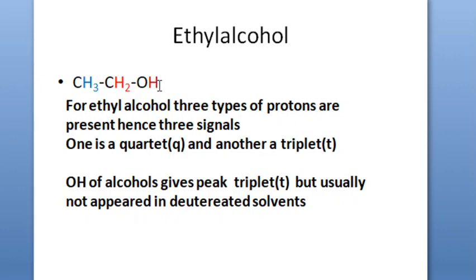This hydrogen is abstracted by water, H2O obtained as H3O plus, so you'll get CH3CH2O minus in the sample. But for our sake, for the current topic, you will get 3 signals. The CH3 signal will be a triplet, the CH2 signal will be a quartet, and the OH signal will be a triplet.